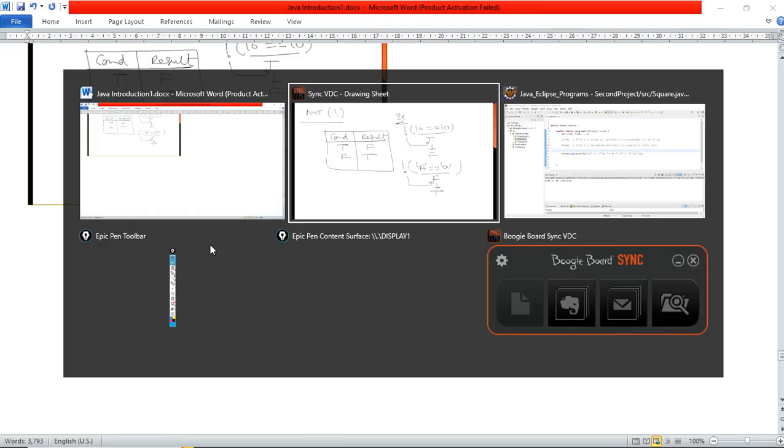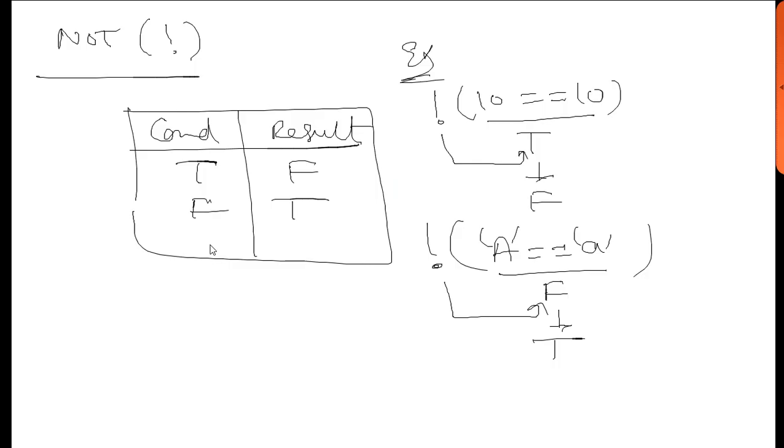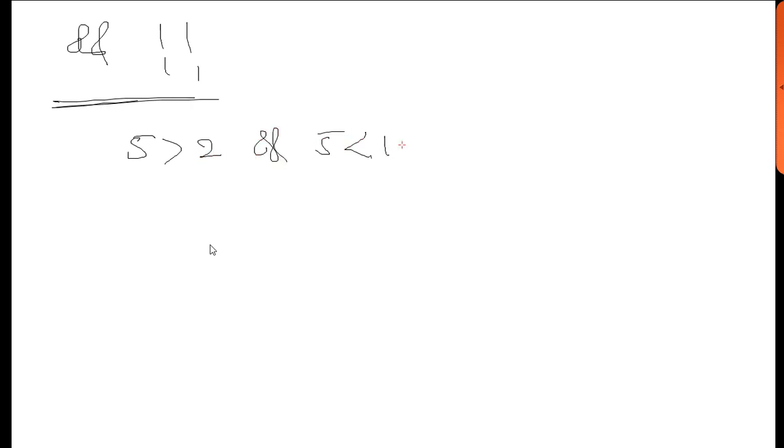Then we'll continue. What I would like to say here is you can also combine like this. We can combine logical AND and OR operators. For example, 5 is greater than 2 and 5 is less than 10, or A is equal to A. There is no issue.